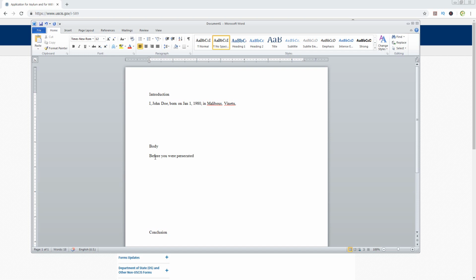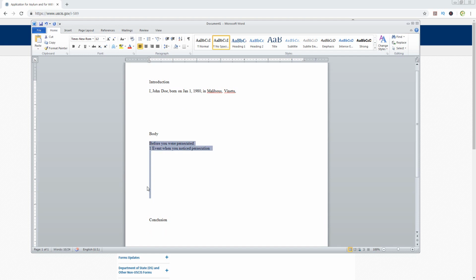And then the first event, when you noticed persecution, second event, and then third, and then you call the police, and then police replied that way, then you filed with a persecutor replied that way, and then in chronological order to make it easier. This is going to be your body.